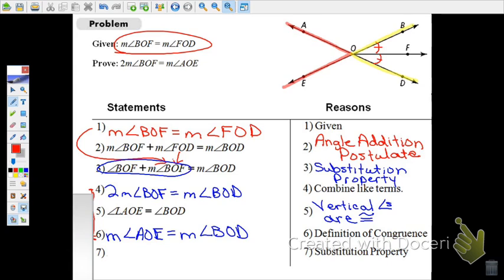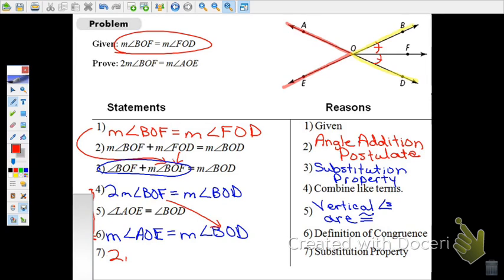So BOD is the same thing as 2 times the measure of angle BOF, which is what we're trying to prove. That last statement needs to be what we're trying to prove. If we're not there yet, then we have to add more steps, but we can get to that.